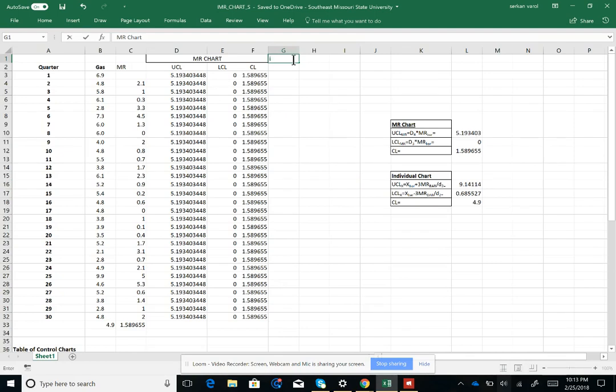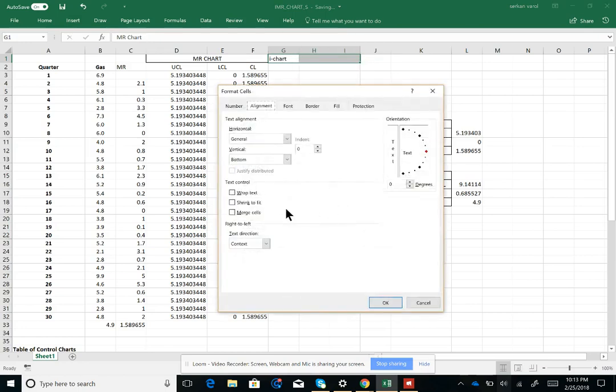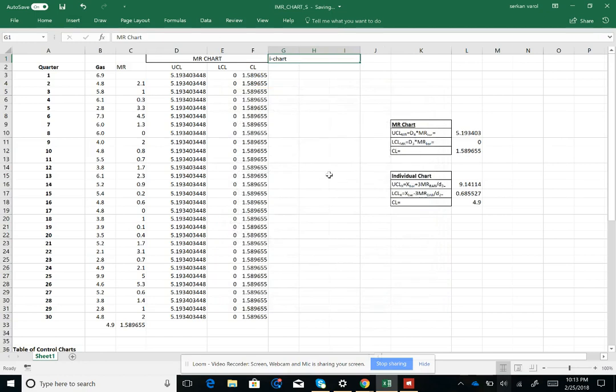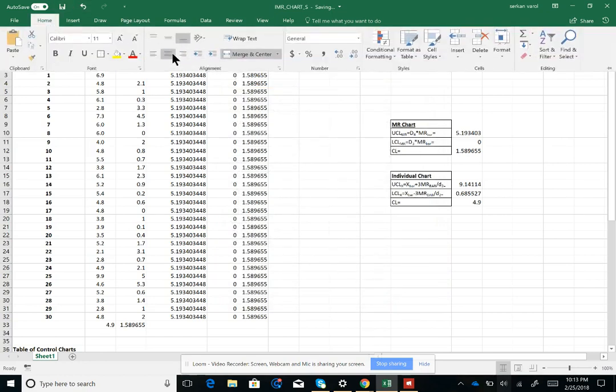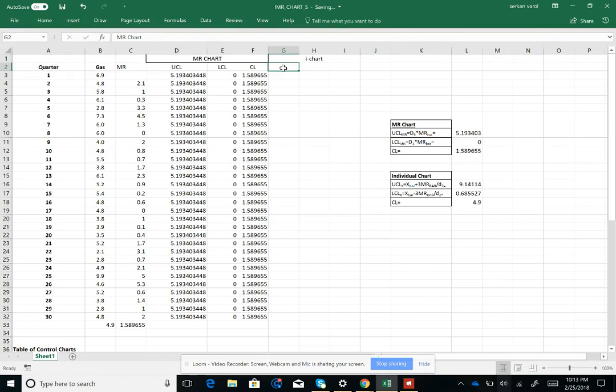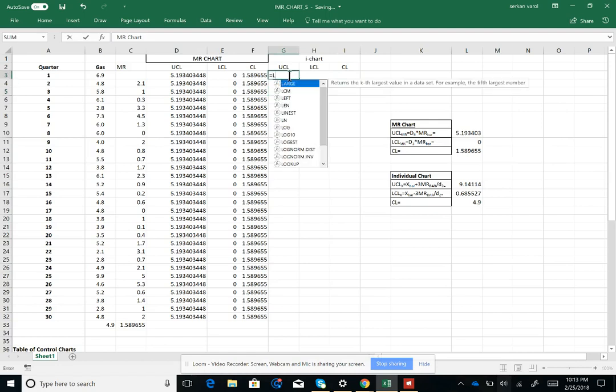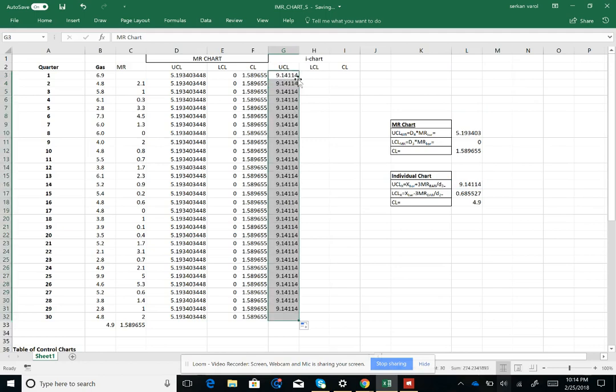Let's do it for the I chart too. Let's insert our values for I chart. Again, I'm gonna merge all these 3 cells. Format cells, merge cells. Is it in center? No, it's not. Okay. Upper control limit, lower control limit, and central limit. Again, same procedure. My upper control limit is L16. Lock this cell. I lock the cell L16.